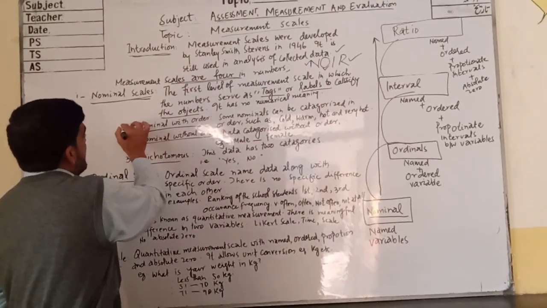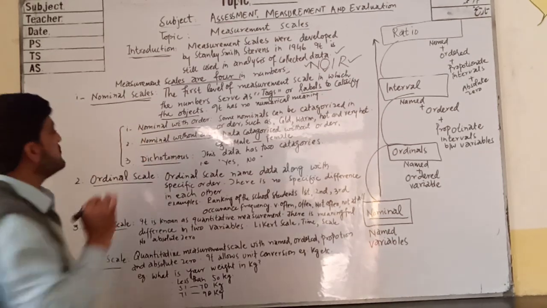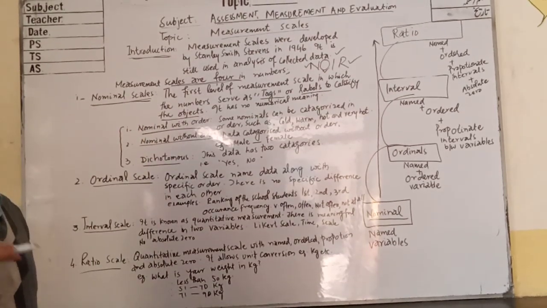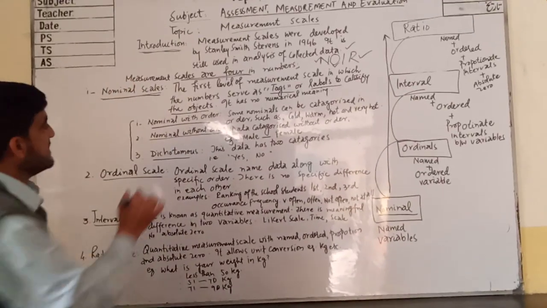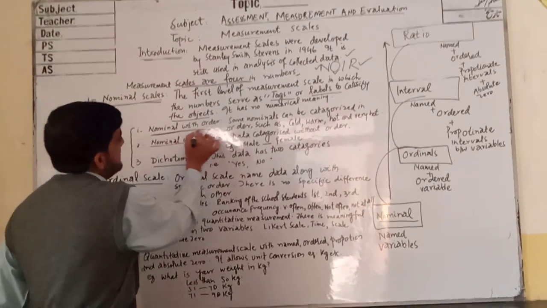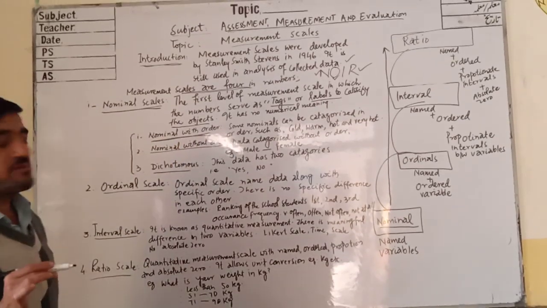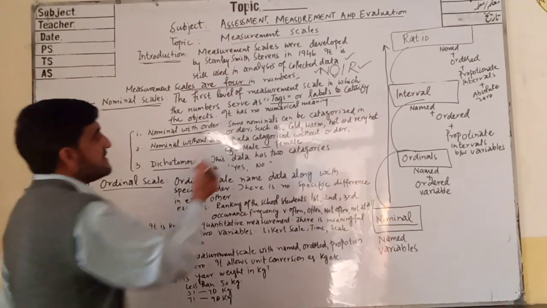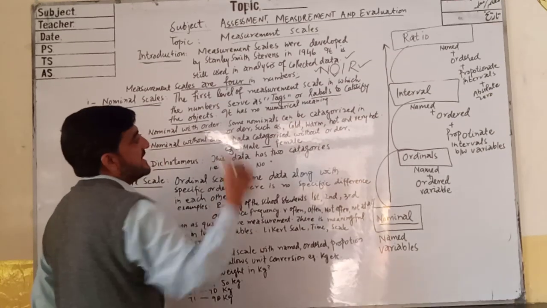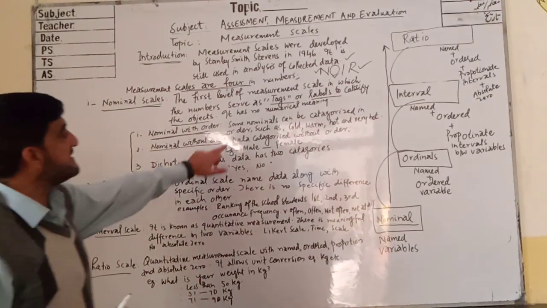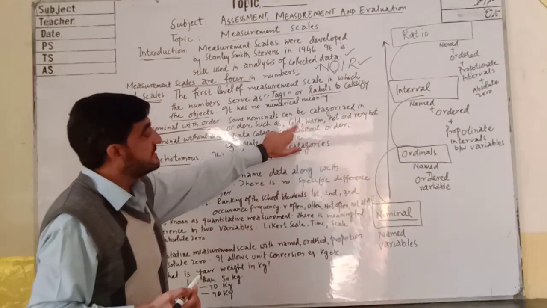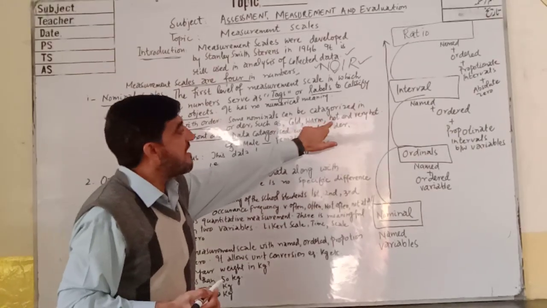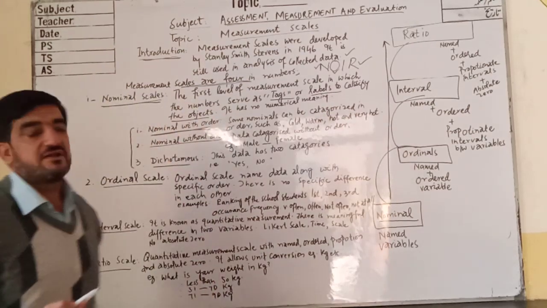The nominal scale is further divided into three categories. Remember, the nominal scale is divided into three. The first one is nominal with order. Nominal with order means that some nominals can be categorized in order, such as cold, warm, hot, very hot.